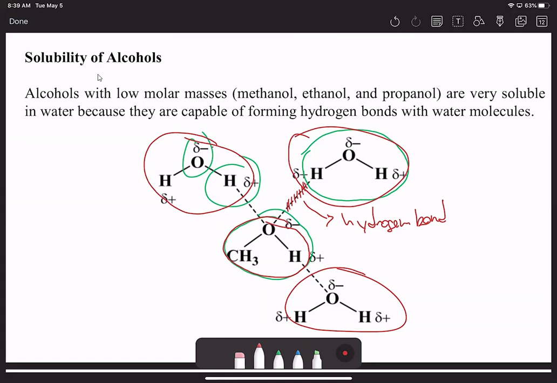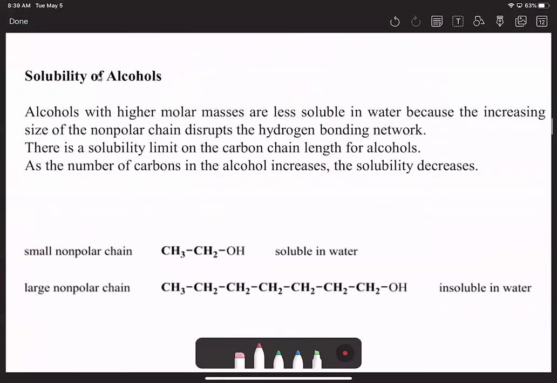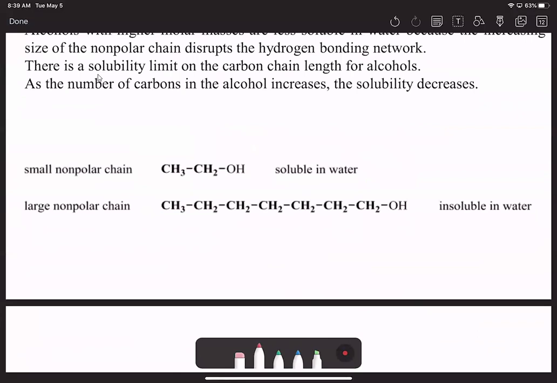Now, it's not difficult to determine which alcohols will dissolve and which ones won't. It has to do with how large your alcohol is. Relatively small alcohols, methanol, ethanol, most of these can be surrounded by water molecules.